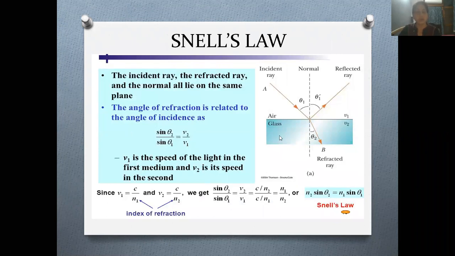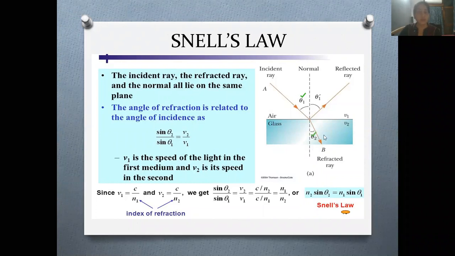Snell's law can be defined as: the incident ray, the refracted ray and the normal all lie in the same plane. This is the first. But Snell's law is that the angle of refraction is related to the angle of incidence as follows. In this diagram, the angle of incidence, in place of angle i, is theta1, which you will learn in your maths and trigonometry, and angle r is theta2.